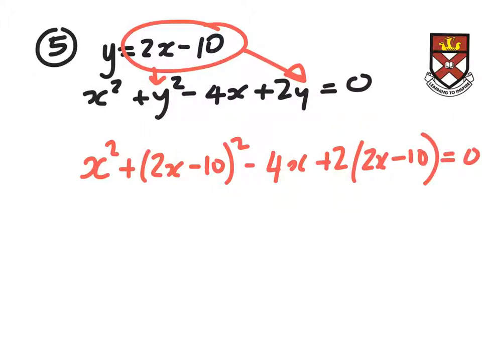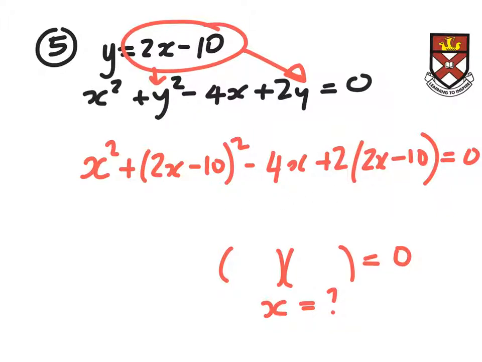Remove all those brackets, factorise, and you should get a situation where both brackets are the same, giving you just one x answer. Because it only cuts in one place, then that means it's a tangent. Be careful when you're removing these brackets. Make sure you get the signs correct, and then you should just get your one answer coming out.